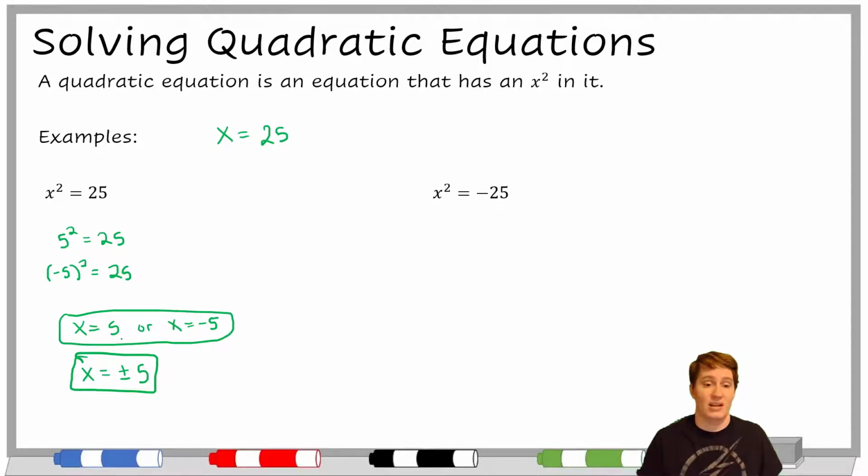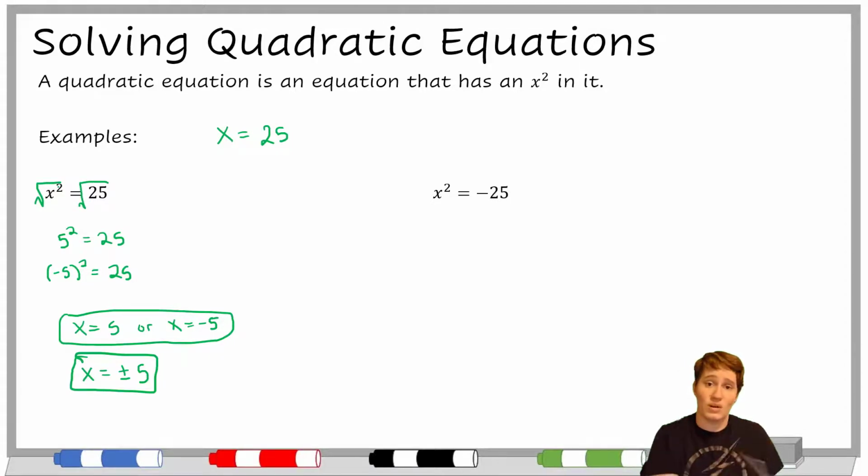This is the difference: x squared is by itself here. X squared equals 25, but we still have something that we need to do, which is figure out what goes there that when you square it equals 25. One of the cool things is that we can think of it this way. If I want this to not be x squared anymore, I can do the opposite to it, which is square root.